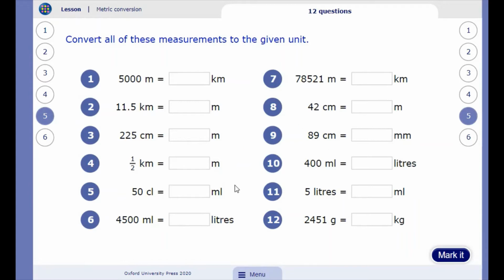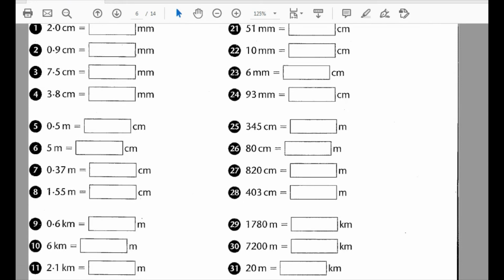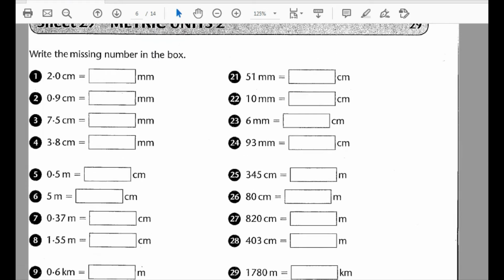Now this activity is quite similar to sheet 29, which is part of your set work for this week. So if you would rather just crack on and have a go at some of this sheet, there's quite a lot of questions on there, then feel free.